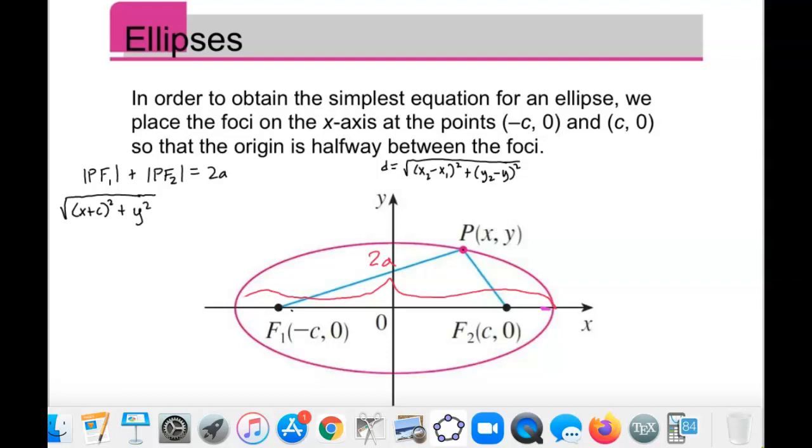And then same thing, P to F2 using the distance formula, that's going to be plus the square root of (x minus c) squared. And then that's still going to be y squared. And that's all equal to 2a.